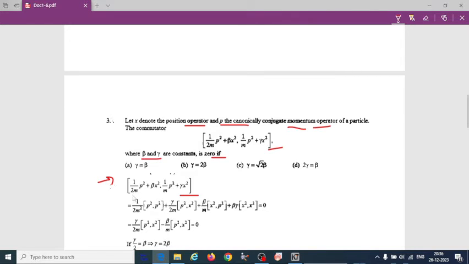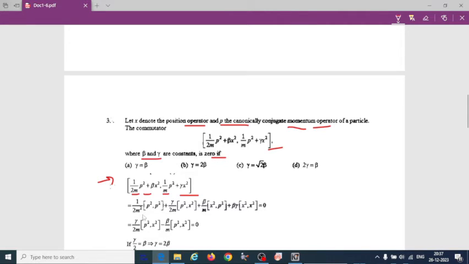So here 1 divided by 2m is constant, and in the second term 1 divided by m is constant. Take 1 divided by m, 1 divided by 2m, that will become 1 divided by 2m square common, and write here the commutation relation p square comma p square, first term.